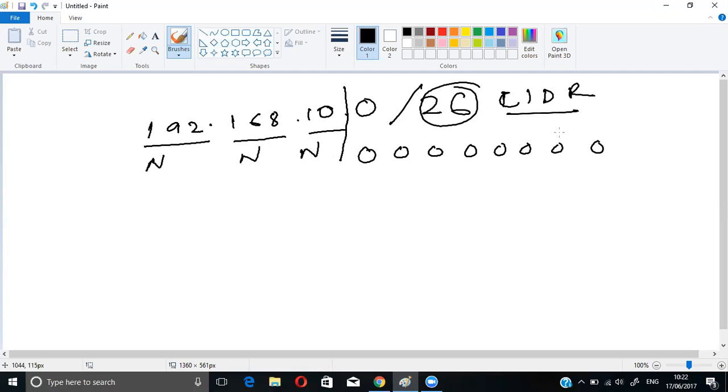By default, the network portion is 8, 8, 8, that means 24. Is that clear? Now, in order to make it 26, we need another 2 bits turned to 1. This is 1 and this is 1. Is that fine? Any problem in this?